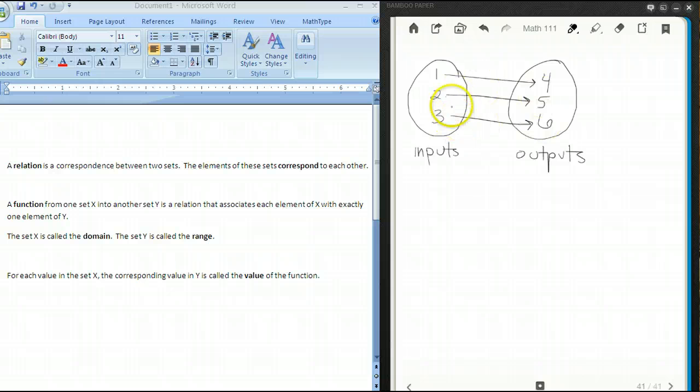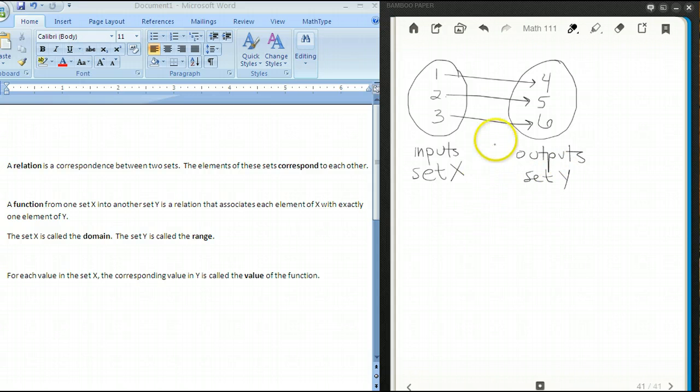It's shown by a map. Remember, there's lots of ways to show relations. We talked about those last time. But what we'd like to do is talk about a special kind of relation called a function. The restriction here is that each element of x, let's say this is the set x, relates to exactly one element in a set y.